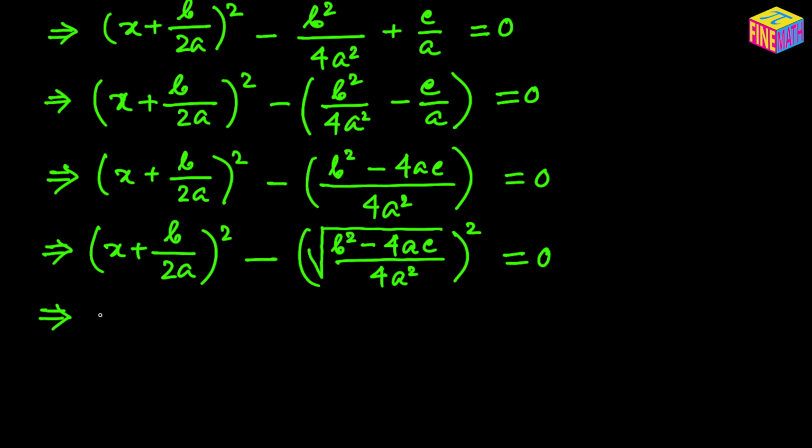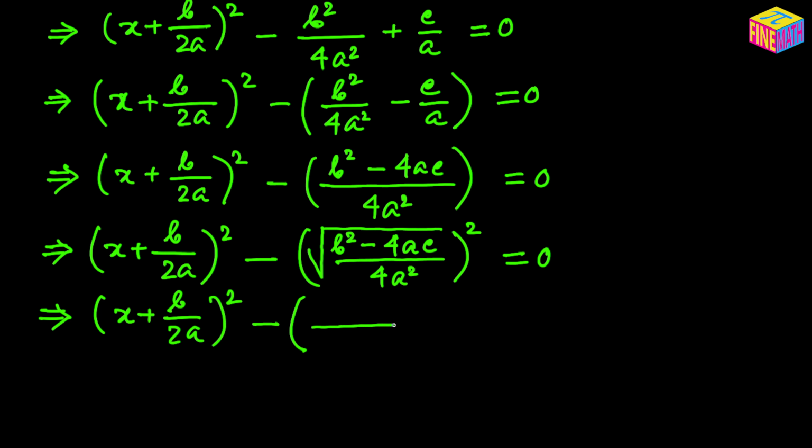Hence we can say, okay, our x plus b by 2a whole squared minus, let's try to simplify a little more right here. You see the 4a squared, it's a perfect square, it's actually 2a whole square, right?